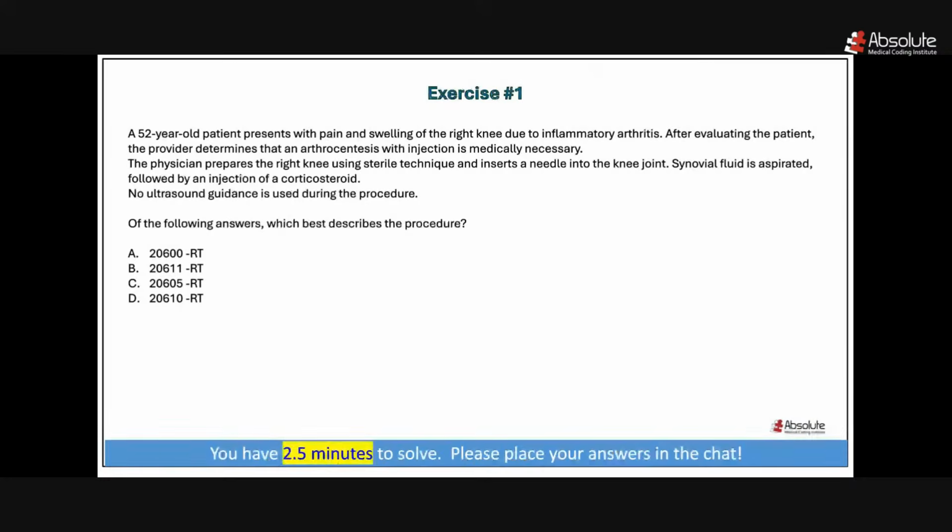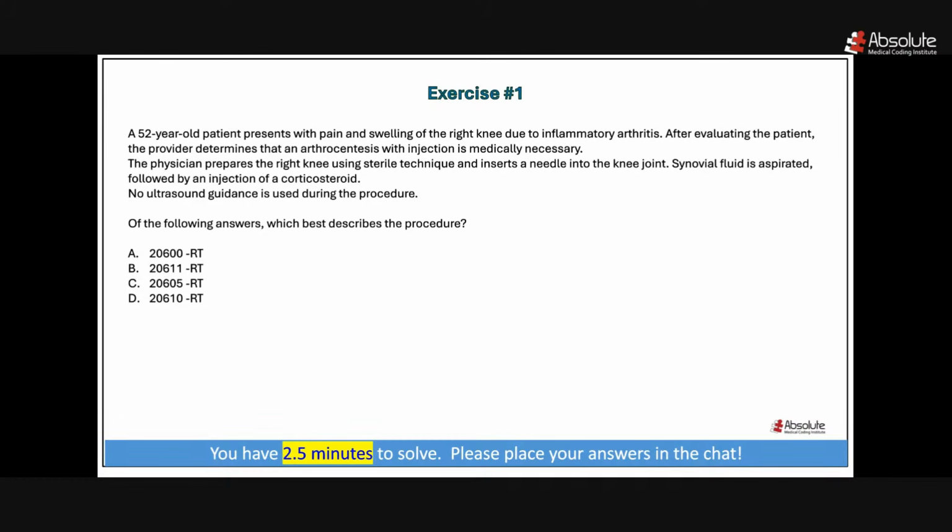Of the following answers, which best describes the procedure? Your options are option A 20600RT, option B 20611RT, option C 20605RT, option D 20610RT. A 52-year-old patient presents with pain and swelling of the right knee due to inflammatory arthritis.